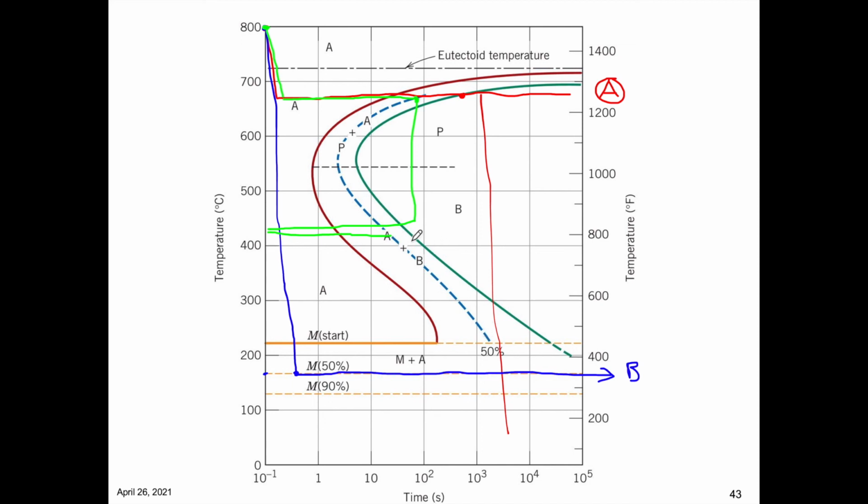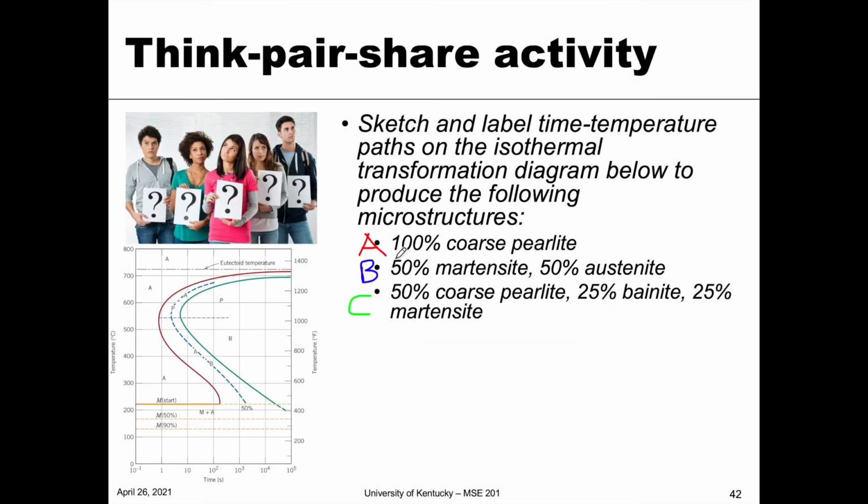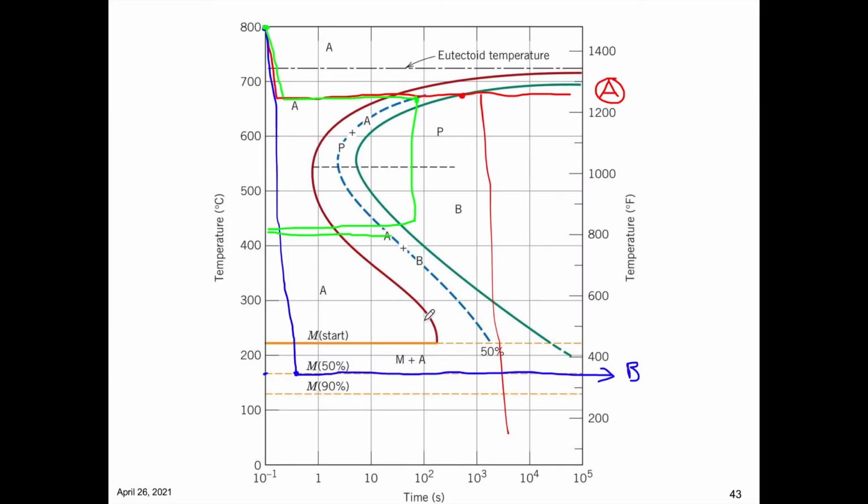So we go to that point. And then the remainder, we want to be martensite. So the last 25, the remaining austenite, should go to martensite. And so that's where we're going to rapidly quench. So if we rapidly quench, the remaining austenite that's left over will become martensite.